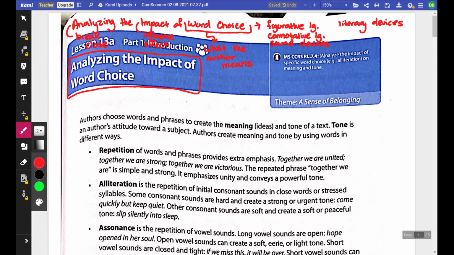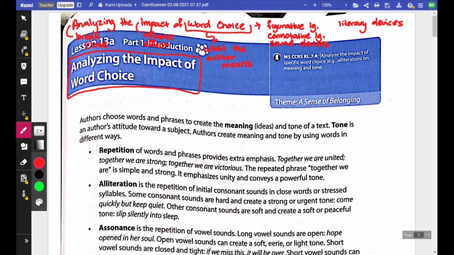Connotative language focuses on the feeling behind the words. And then we're going to look at sound devices too. Remember some of our sound devices. We have onomatopoeia, alliteration. And then we have our literary devices such as hyperbole, idiom, imagery, things like that. They're tricks the author uses to give us special effects.